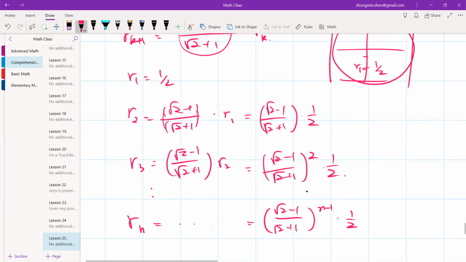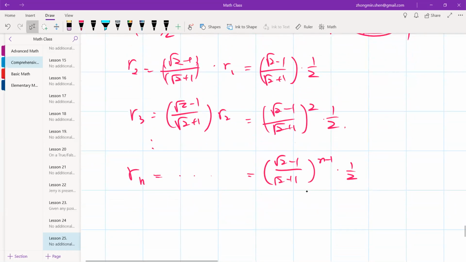All right. So to find the area, you have to find the square of all those terms. So the total area is R_1 squared pi, and R_2 squared pi, R_3 squared pi, and keep going.